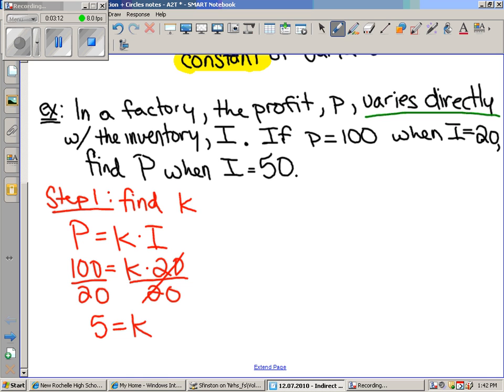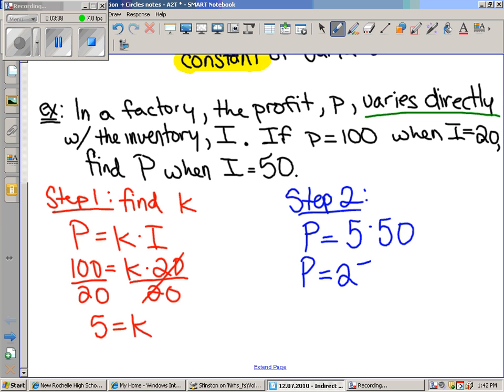Now what do you do from here? Then you plug it back into the second part of the problem, which says find out how much P is when I is 50. So step 2. We're going to solve this in there. So P equals k, which is 5, times I, which is 50, so P is equal to 250.